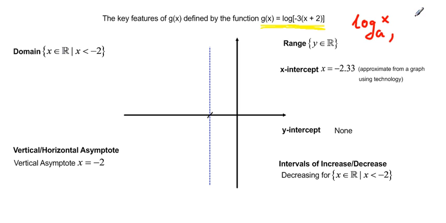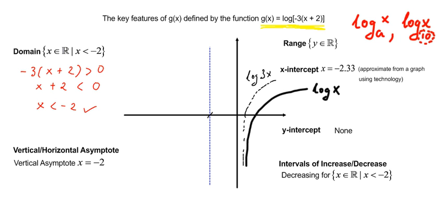Since the base is not indicated, it's just simply log x, it is understood that the base is 10. So please do not expect to see base 10 written. You should be able to see other bases, but the logarithm to base 10 is denoted as log where there is no base. So we understand that the base is 10.